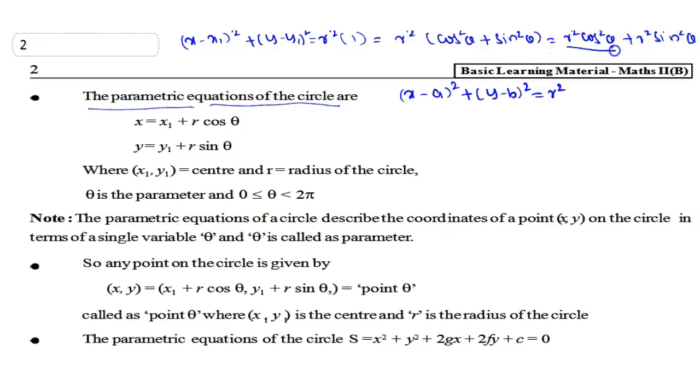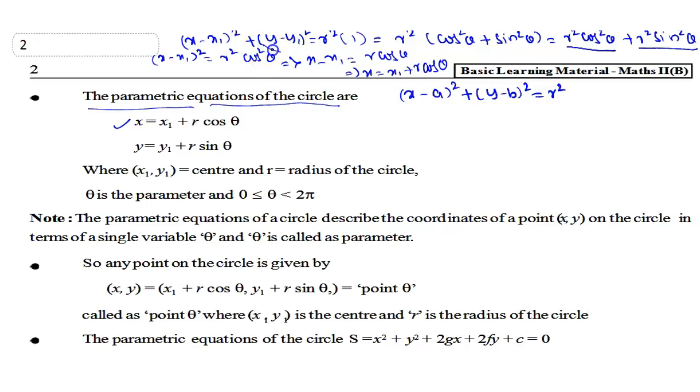Compare with this: (x minus x1) whole square, and compare with (y minus y1) whole square. So (x minus x1) whole square is equal to r square cos square theta, which implies x minus x1 is equal to r cos theta, right? So x is equal to x1 plus r cos theta.